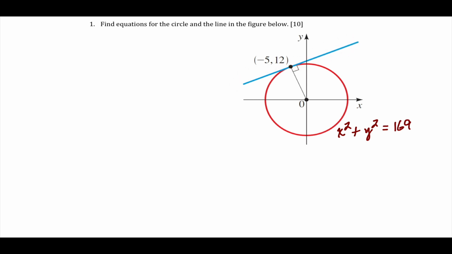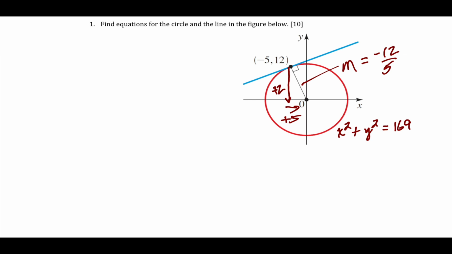So when I look at the radius of my circle, I go down 12 and right 5. So the slope of this line is negative 12 fifths. So I want a slope for this line that is the opposite reciprocal of negative 12 fifths.